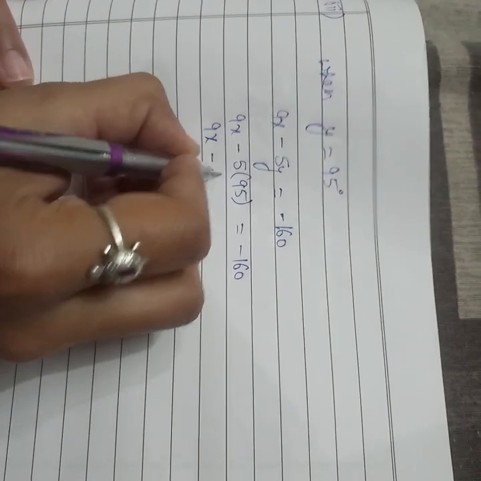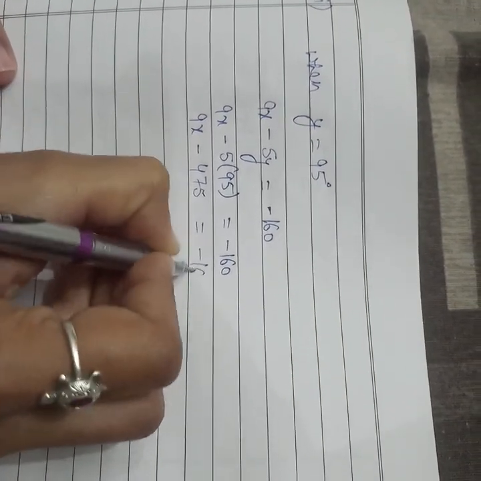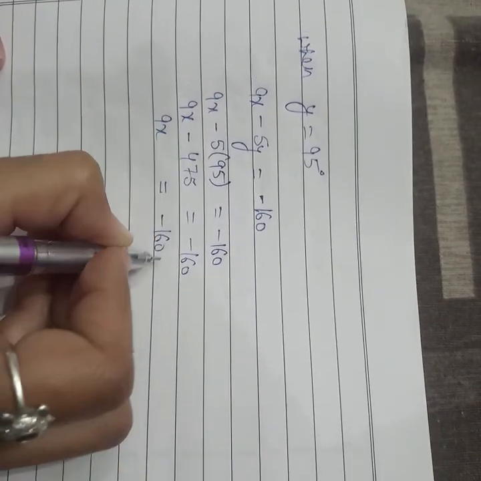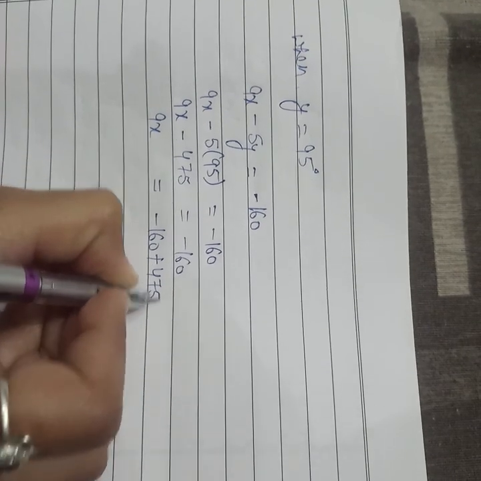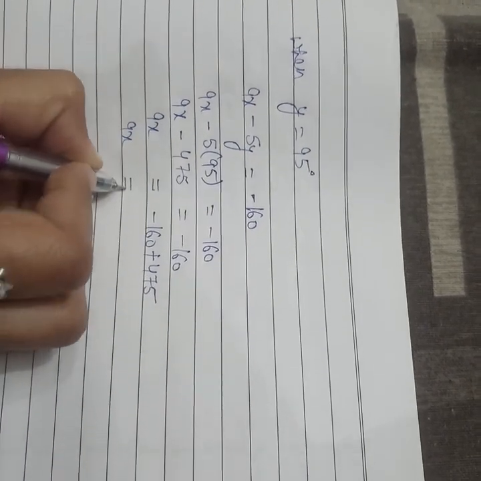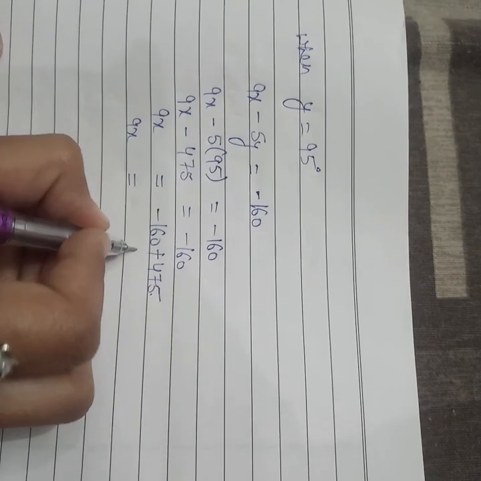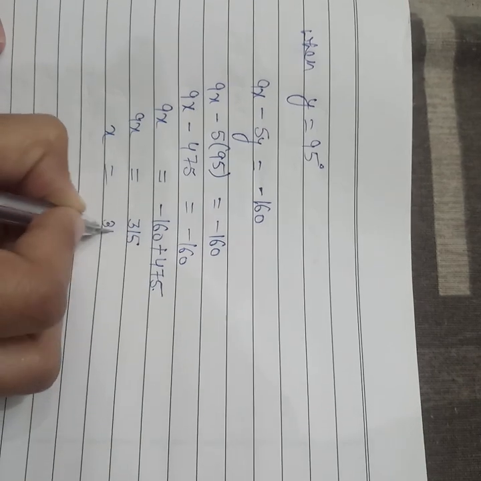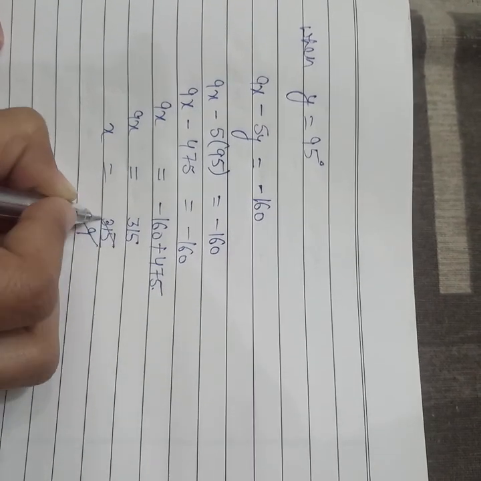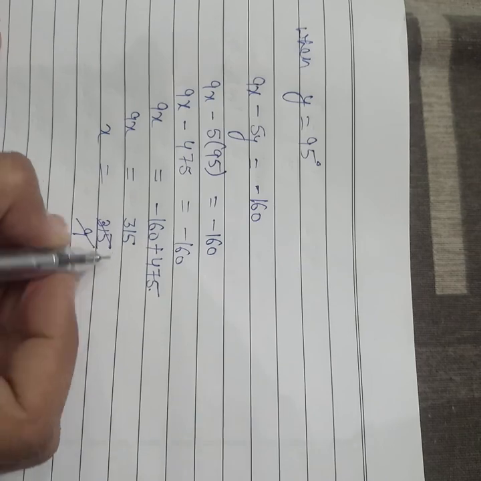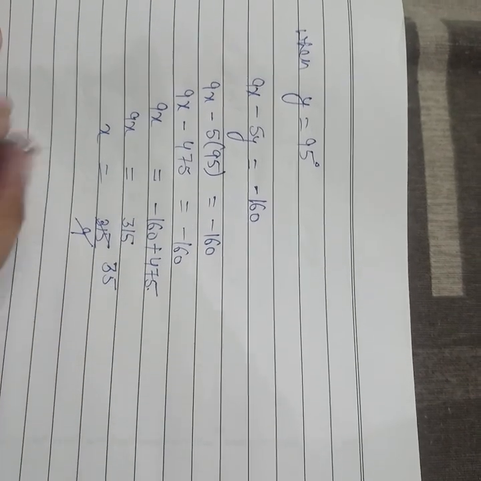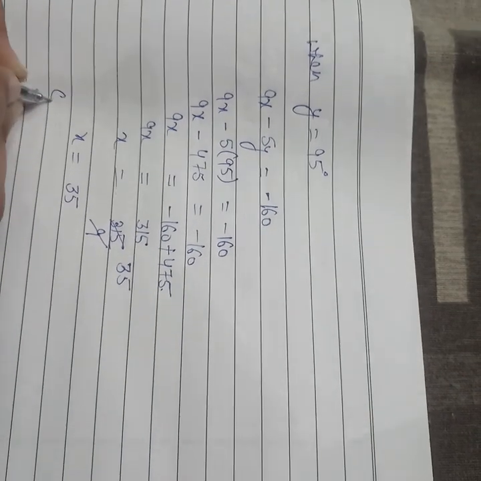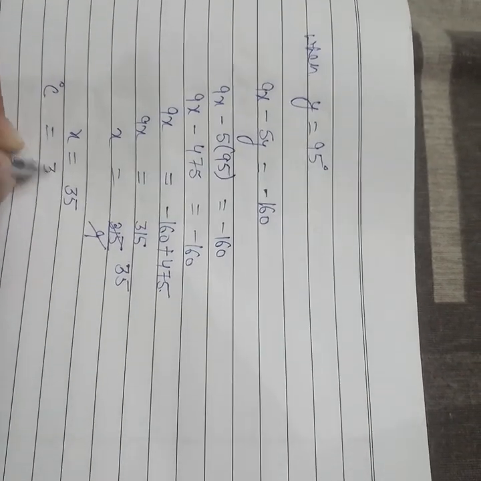Now 5 into 95 is 475, so 9x equals 475 minus 160. By subtracting, we get 315, and x equals 315 by 9, which is equal to 35.